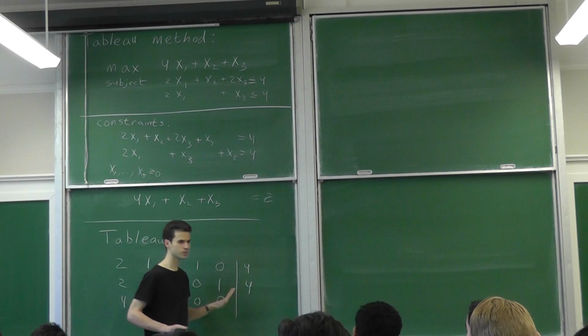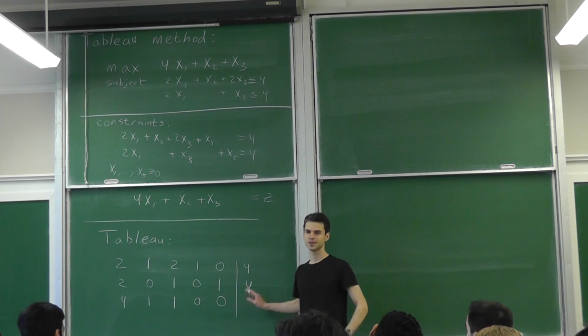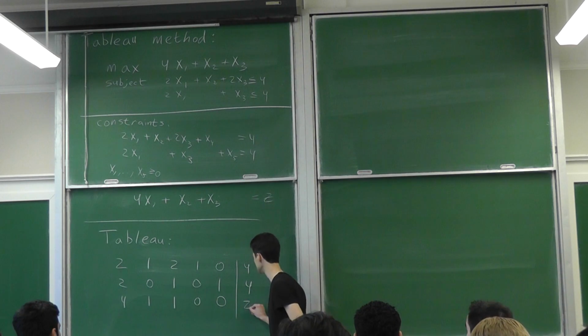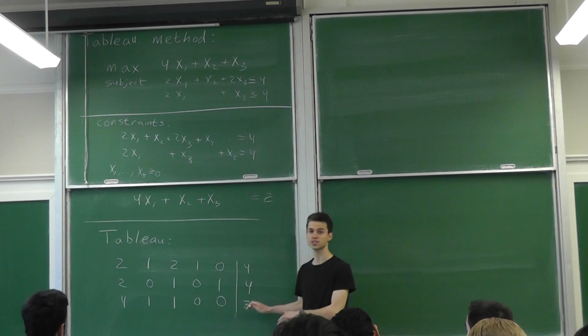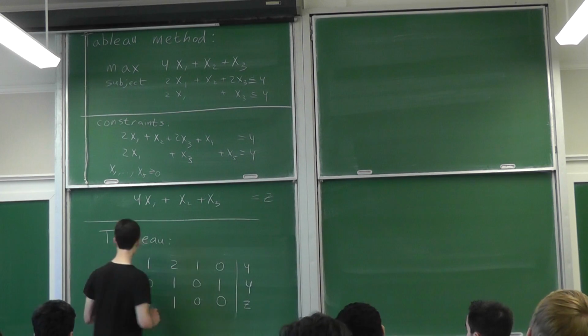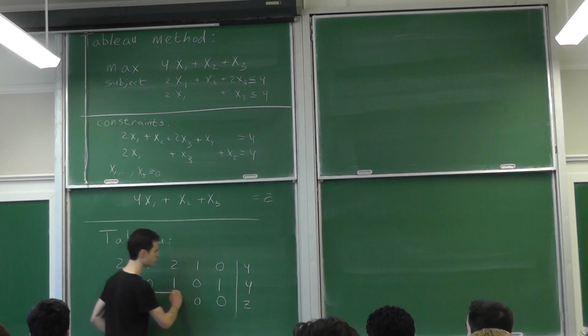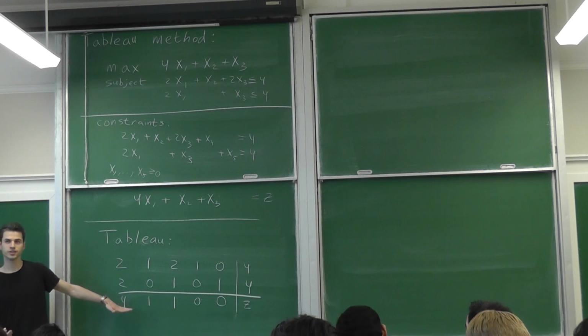Now there are some conventions on what to write here. I'll use a kind of non-standard convention, but I think it's pretty logical. So z will be my objective function. It is literally equal to 4x1 plus 1x2 plus 1x3. And I'll separate this row because it's special. It's my objective function.